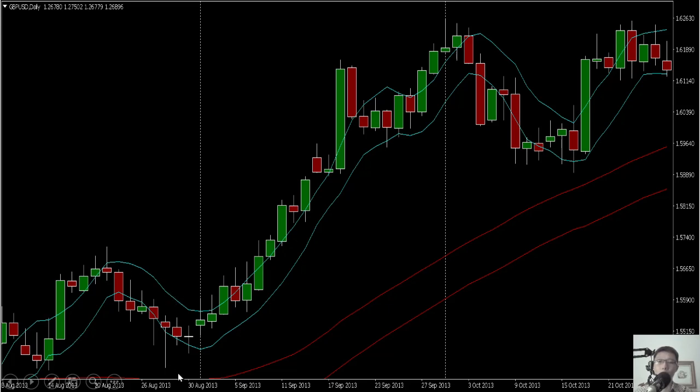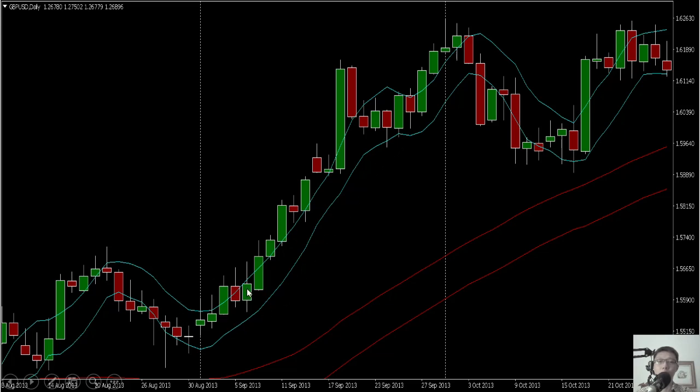But what happened here? Buyers push the price up to the upside until it closes above this high moving average, high SMA. After closing here, this low moving average can act as a dynamic support area.